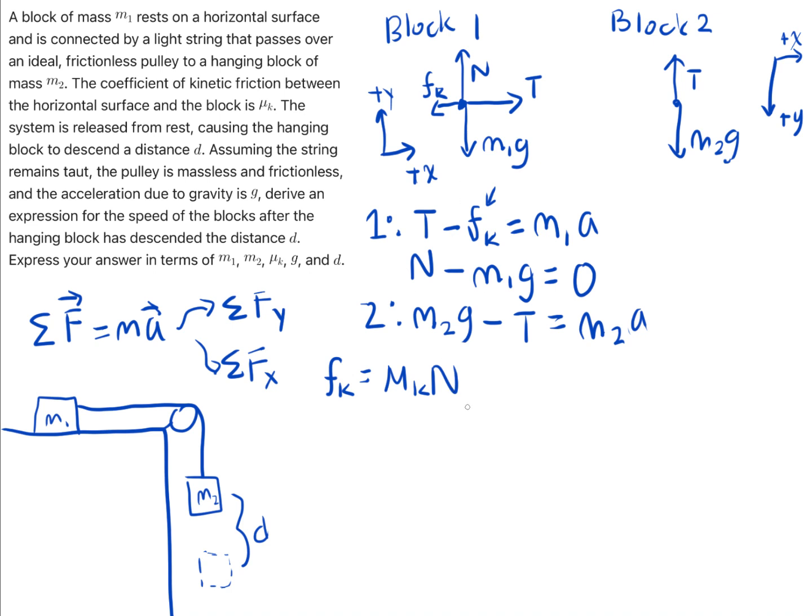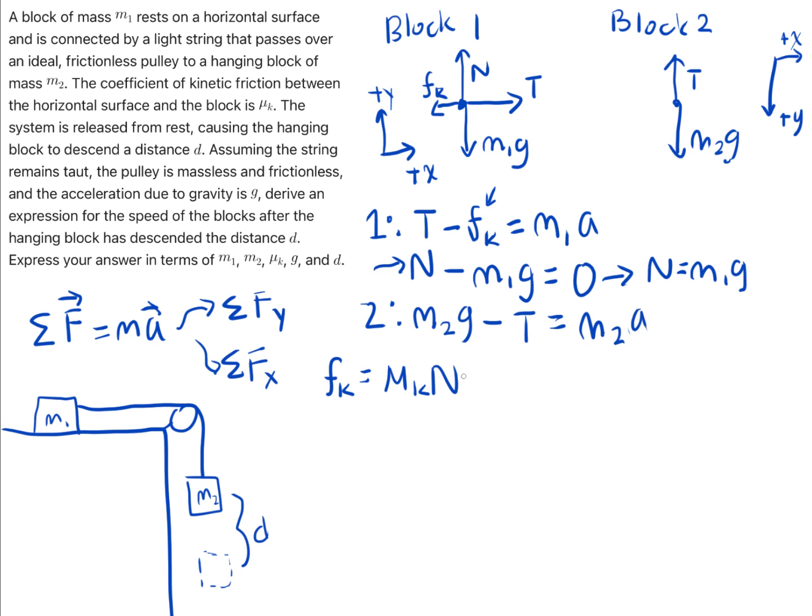And we also right now don't know what the normal force is yet, but if we notice, this equation can be solved to give us the normal force. So if we arrange this by adding m1g to both sides, we get that the normal force is equal to m1g, or the weight of block 1.